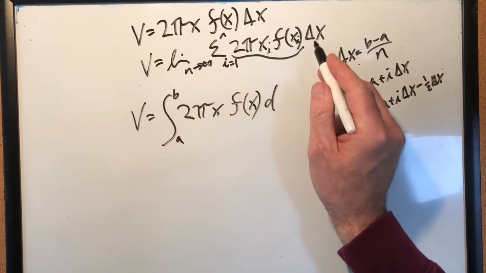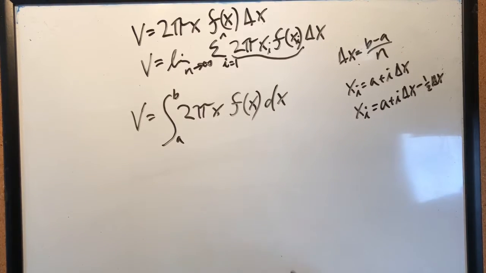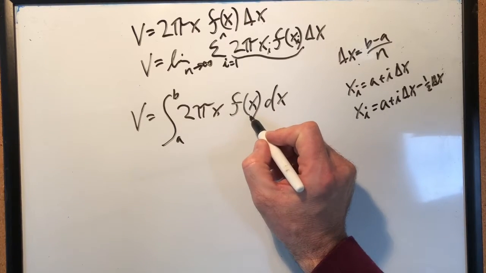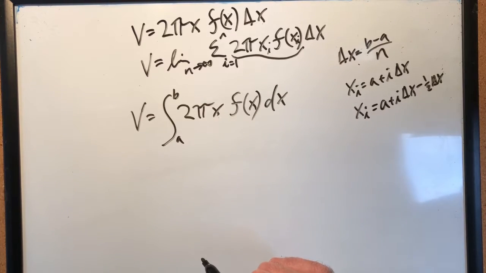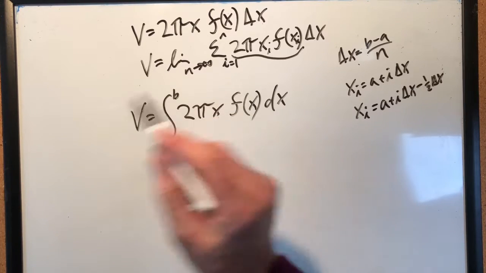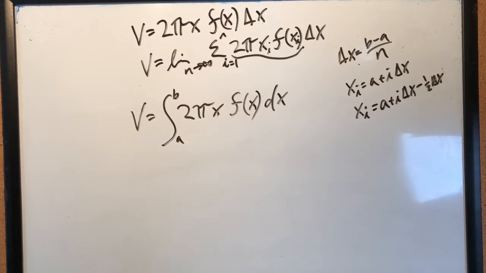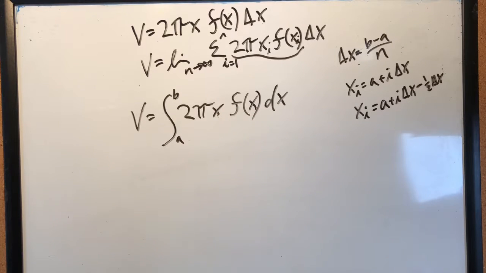Okay, and then your delta x becomes your dx. So whatever we have for our function, we multiply another x into that. The 2 pi can go out into the front, it's no big deal. And then we can solve just like a definite integral.